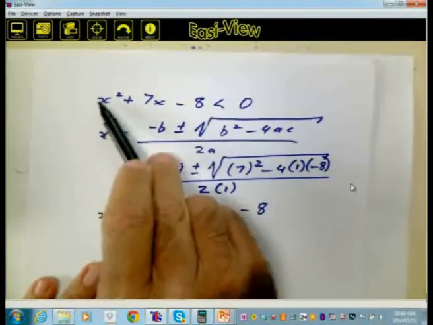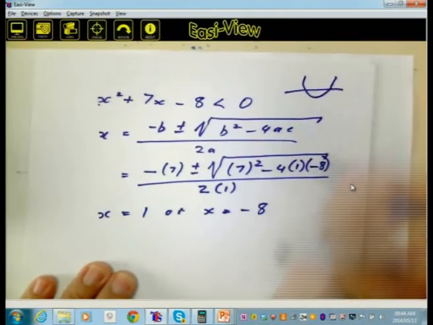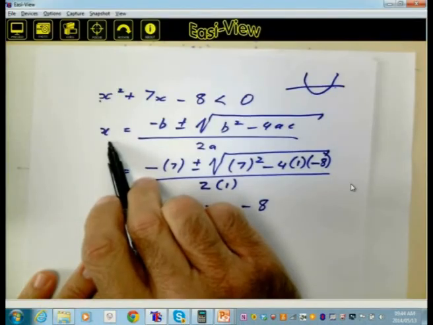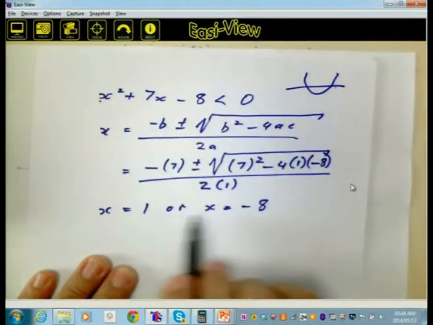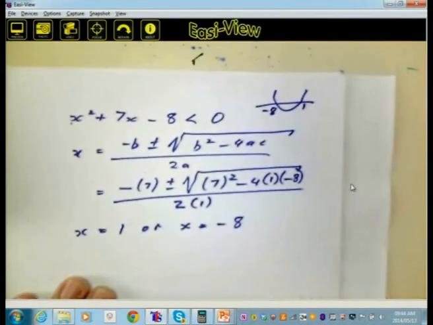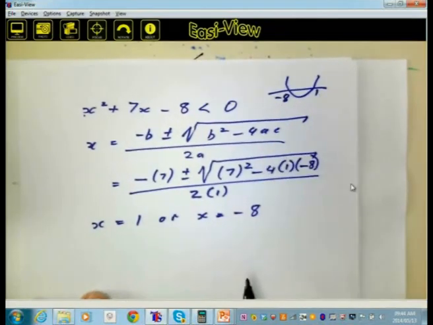We can see that this is a positive graph. So in other words, that graph will smile. What are those values there? We've worked out x, where y will equal 0. Remember, y equals 0 at these points. So that point will be 1, and that will be minus 8. Can you see that there? 1 and minus 8.